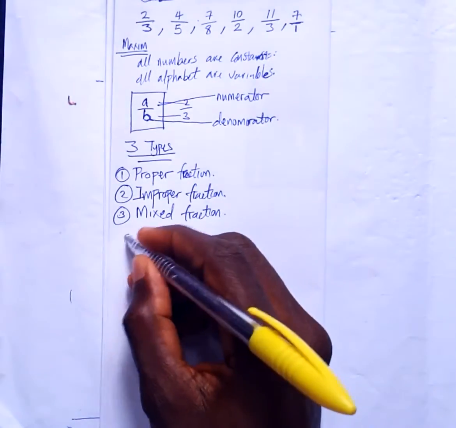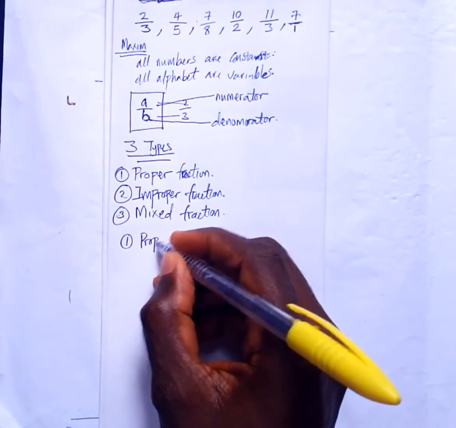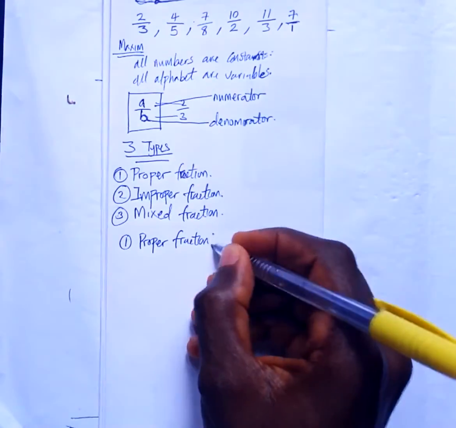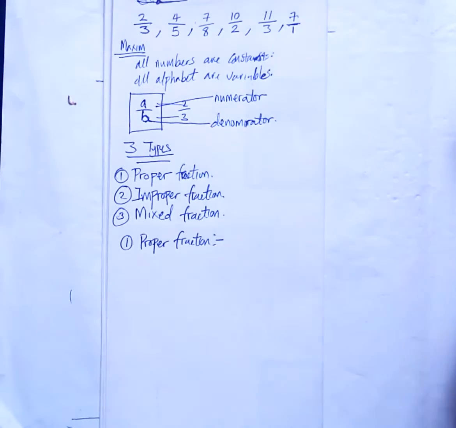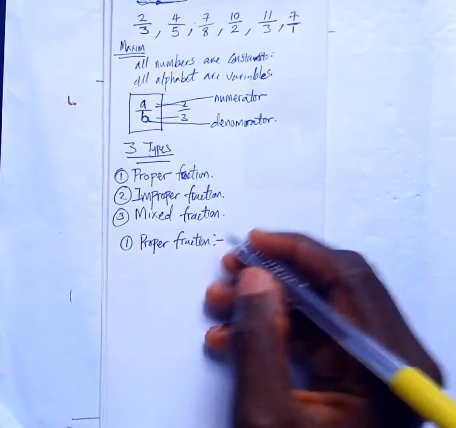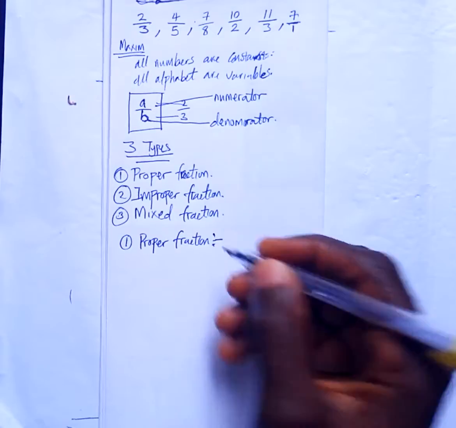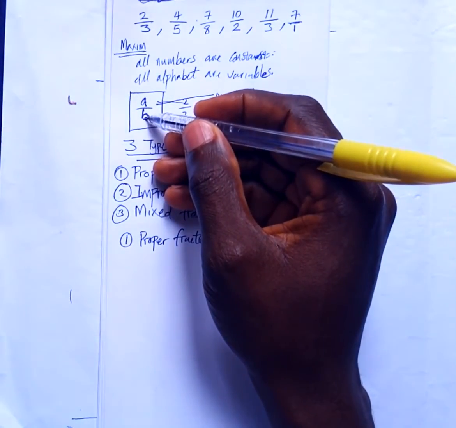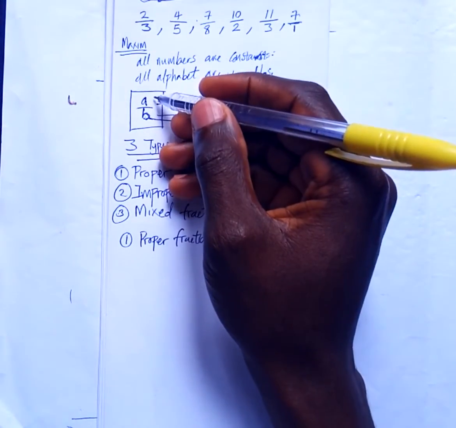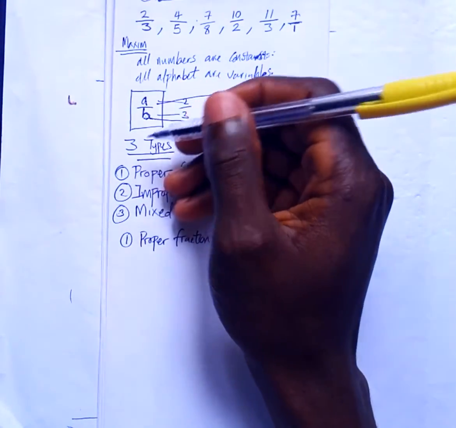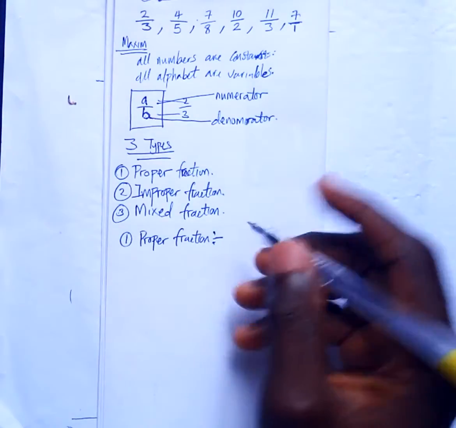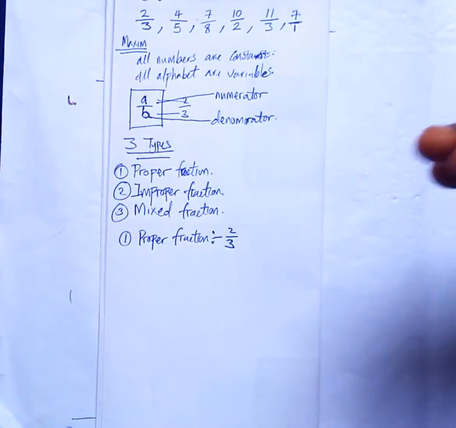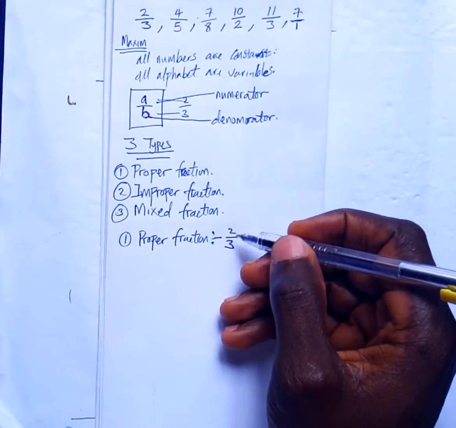From number one, the proper fraction. From the word proper, when something is normal, when something is okay, when it's at the right position. Like in our local class, we say A is on top of B. So when you have a smaller number up and a bigger number down, then you have a proper fraction. When you have 2/3, we say in our local language, 3 can carry 2.